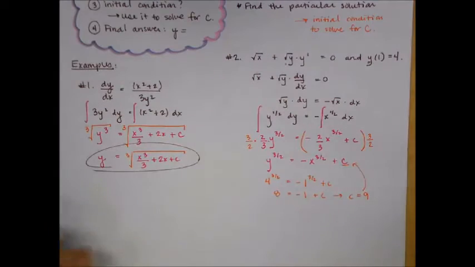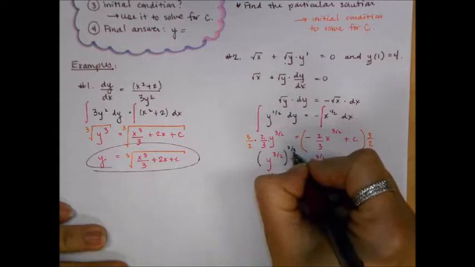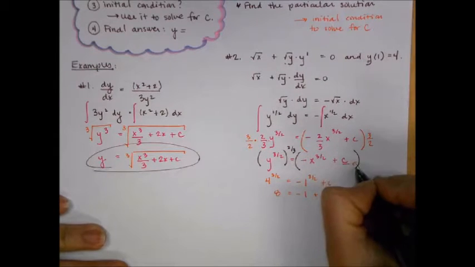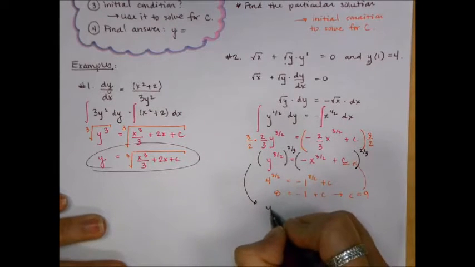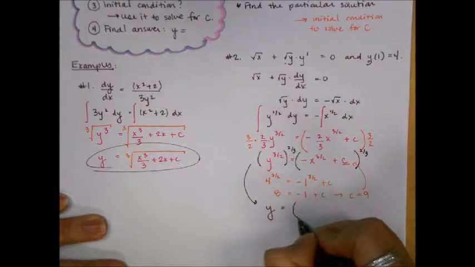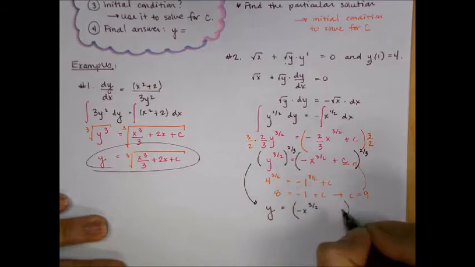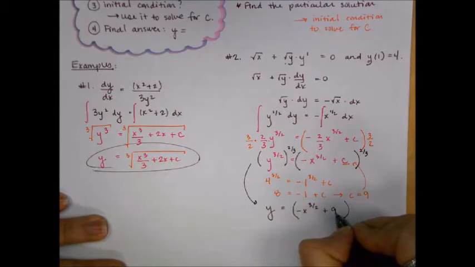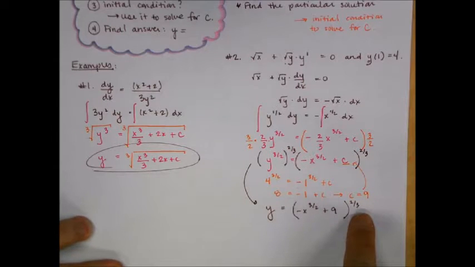So we'll raise this side to the power 2/3, and we'll do the same thing over here on the right, power of 2/3. So I end up with y is equal to -x to the 3/2 plus 9, all raised to the power 2/3. And unless you know how to rewrite inside as a perfect cube, you can't take its cube root. And so this is how you'll leave your answer.